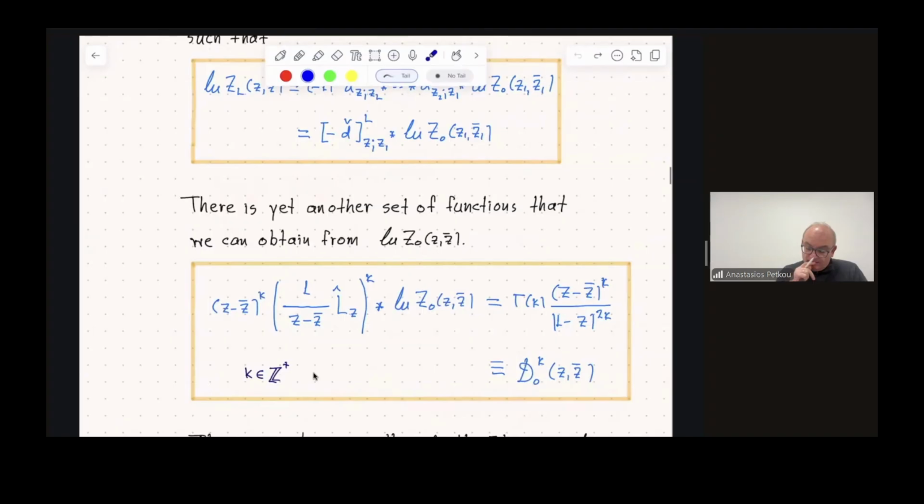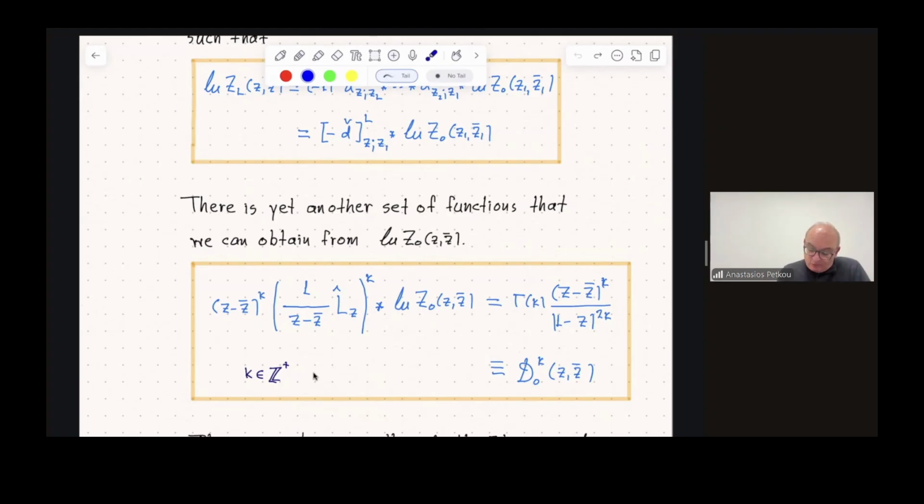So another interesting set of functions are thermal expectation values. Actually, all these are thermal expectation values because I act on the logarithm of the partition function, which is the free energy, but of the quantum mechanical model.